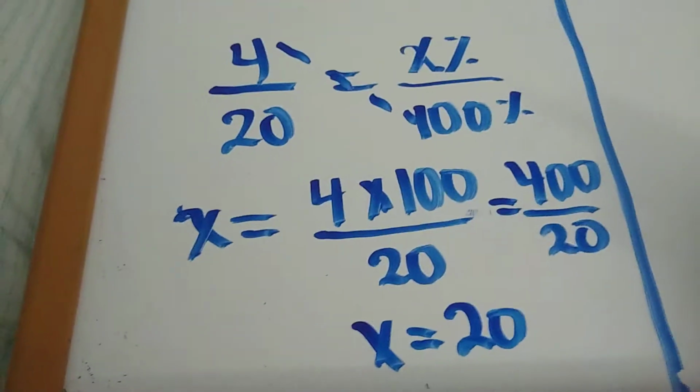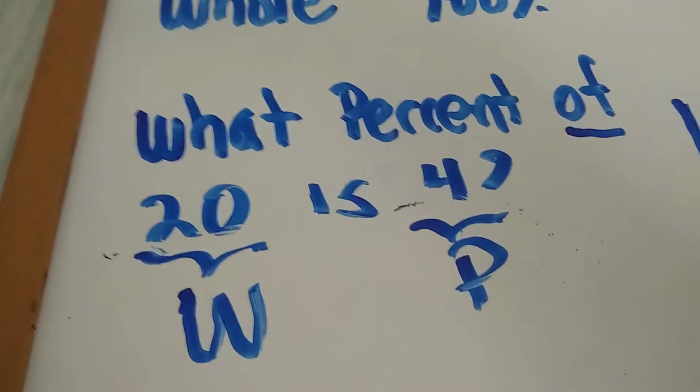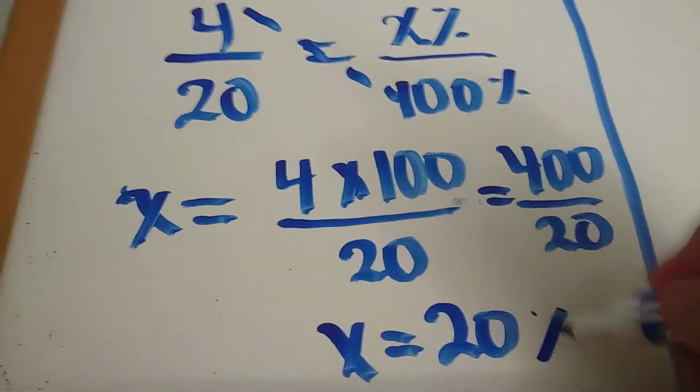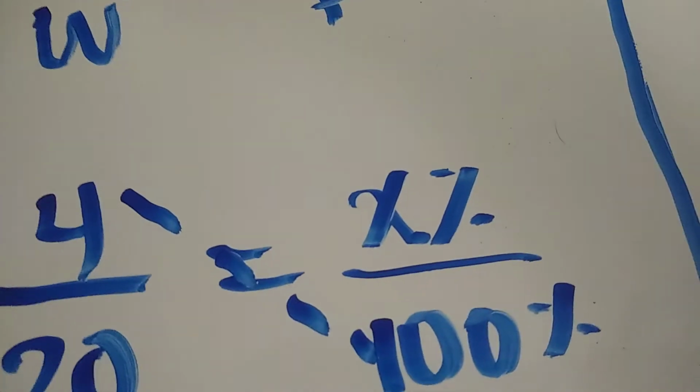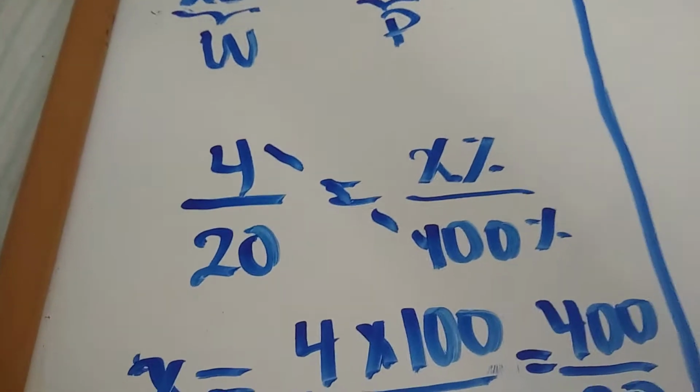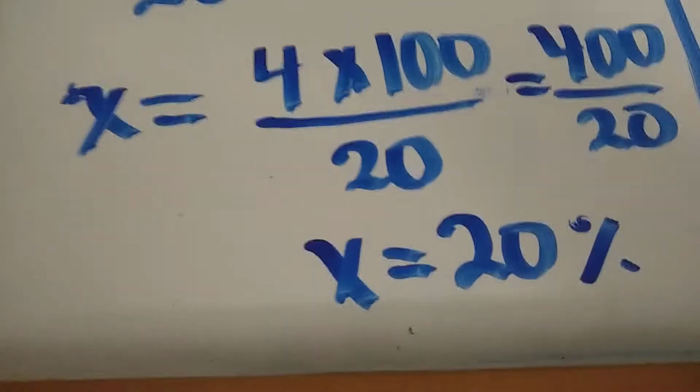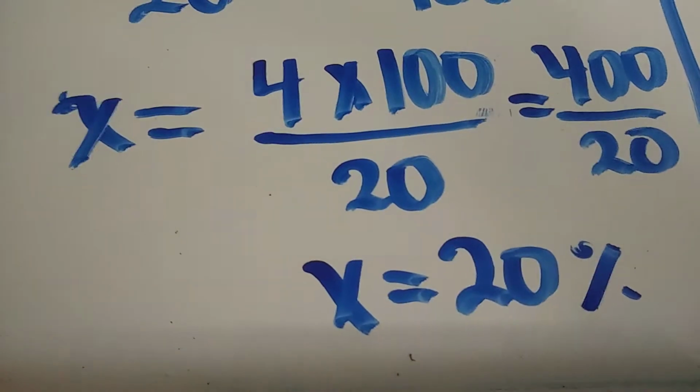So is that 20 or 20%? We can check the question, what percent? So I'm looking for percent, so that will be 20%. But let's say you're not checking the question. Where is the X? The X is on the side of the percent, so the final answer has to be percent, 20%.